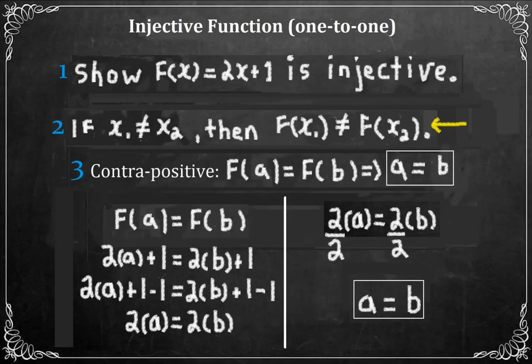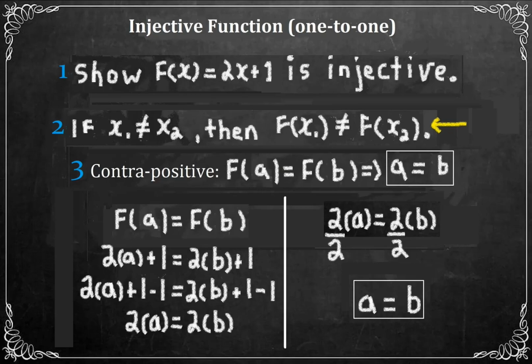Next, let's show f of x equals 2 times x plus 1 is injective. We go in the direction of the yellow arrow by using blue 3. First column, we do a similar setup. We have 2 times a plus 1 equals 2 times b plus 1. Then subtract 1 from both sides, which returns a result that should look very familiar.